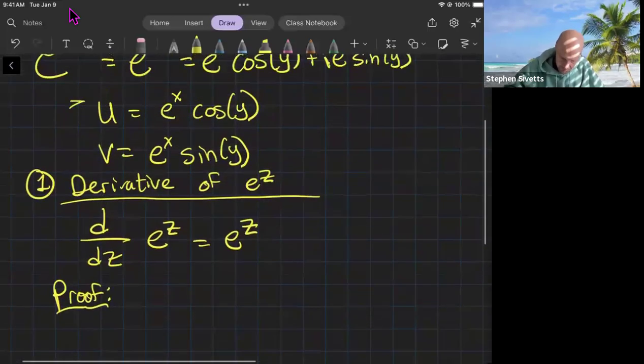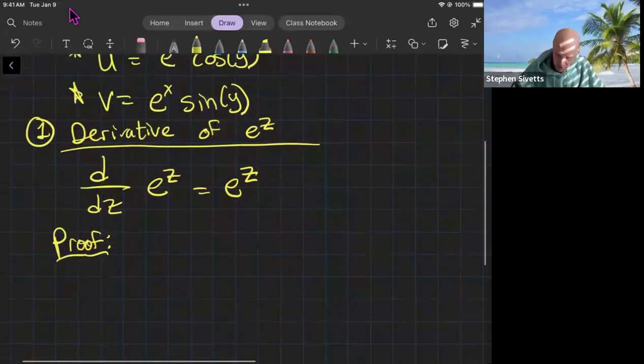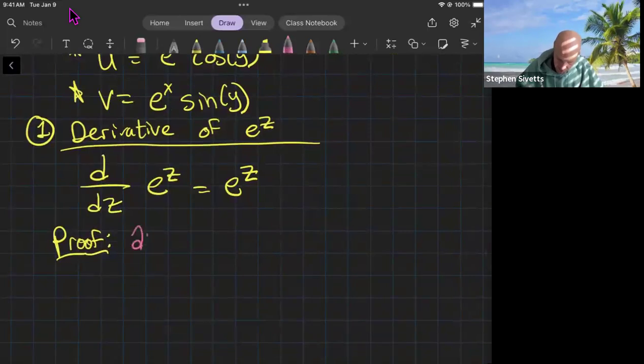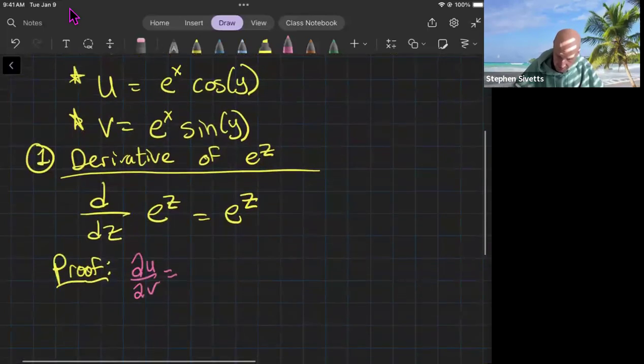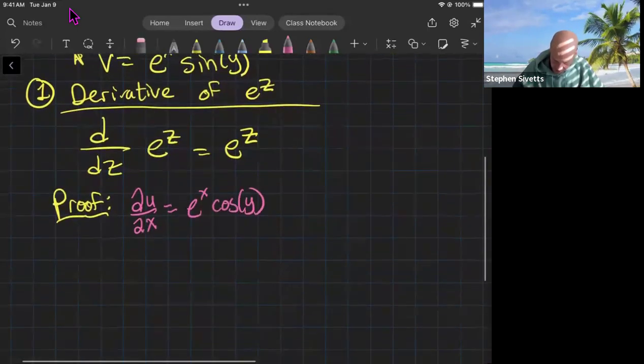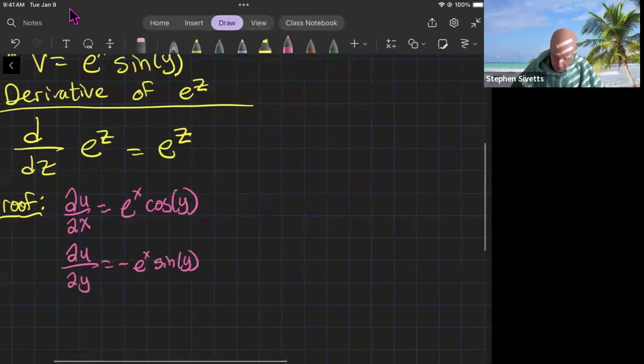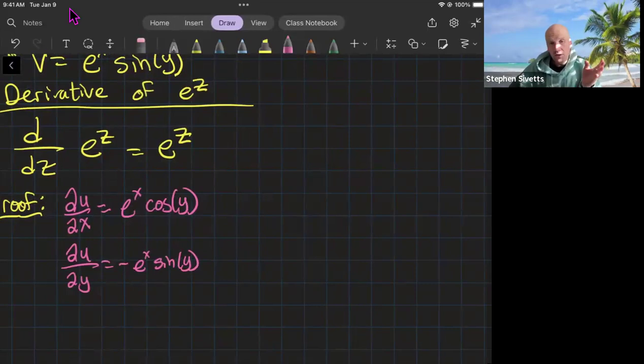That's just using the components u and v and showing the Cauchy-Riemann equations are true. So the partial of u with respect to x, not v, equals e to the x cosine y. We treat y as constant, and the derivative of e to the x is just itself. The partial of u with respect to y equals minus e to the x sine y. We treat x as constant and differentiate y.